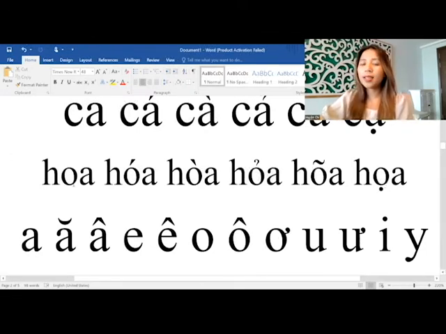Hoa, no tone, it means flower. Hoa, it means chemistry. Hoa, it means even, like in a match. Equal. The next one, hoa, is a Chinese root word, means fire. Hoa, no meaning.